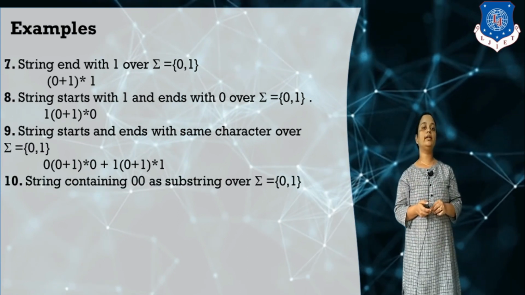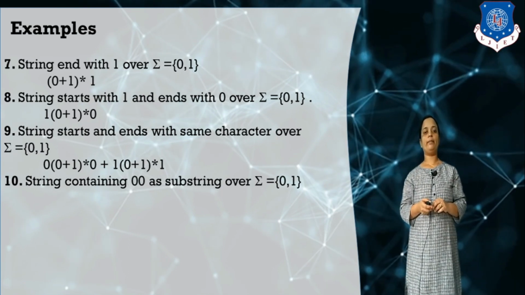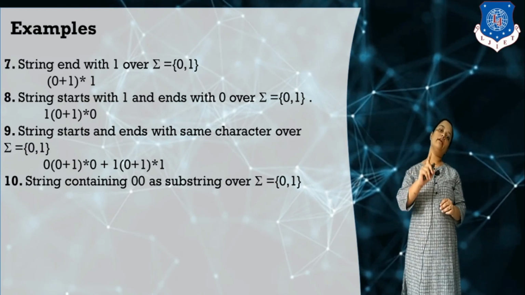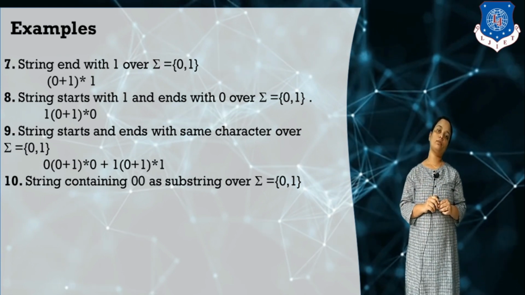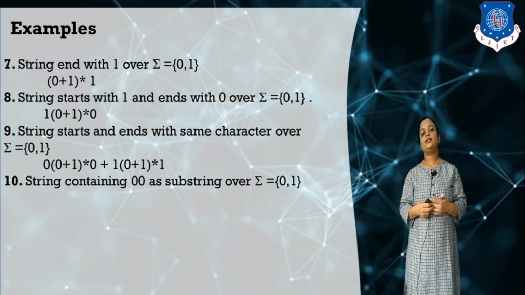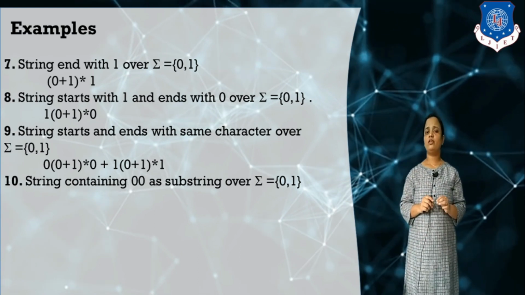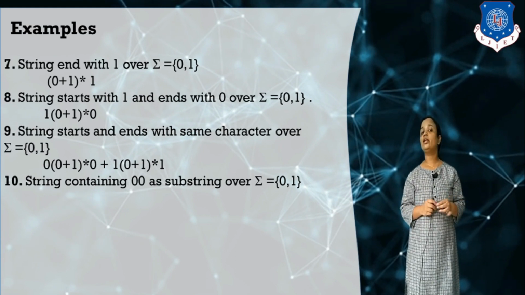Now, strings containing 0 0 as a substring over the alphabet. Okay, they have given the substring 0 0. Now, what kind of strings are generated? Length 0, is the null string allowed? No, because it does not contain the substring 0 0. Length 1, single 0, single 1, allowed?